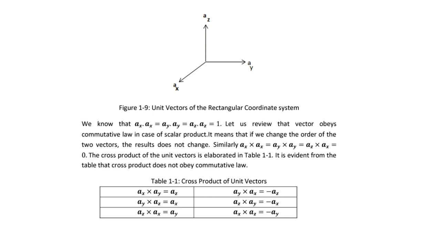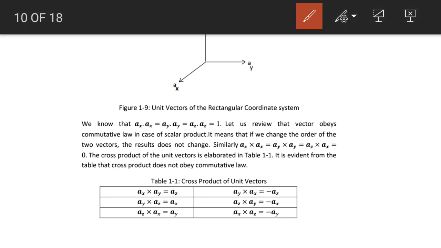They are normal to one another. You see, ax dot ax results in 1. ay dot ay results in 1. And az dot az results in 1.